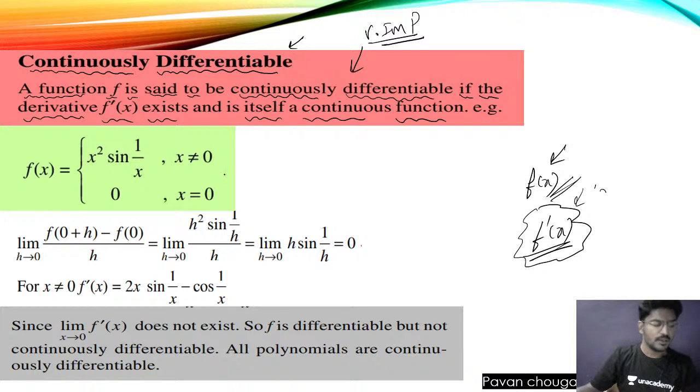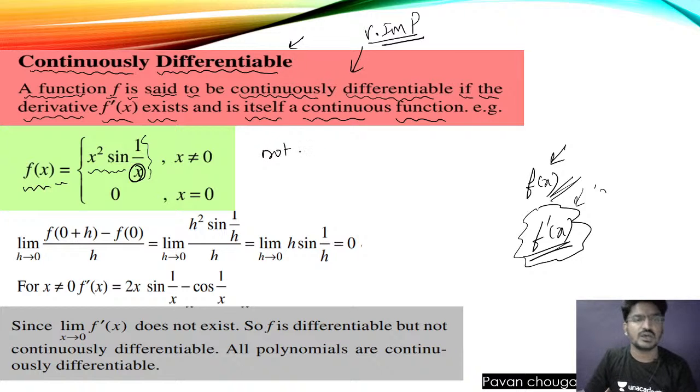For example, here you can see f of x is equal to x square sine of 1 by x. Simply I will tell, if I put 0 here, it will be not defined. Clear?